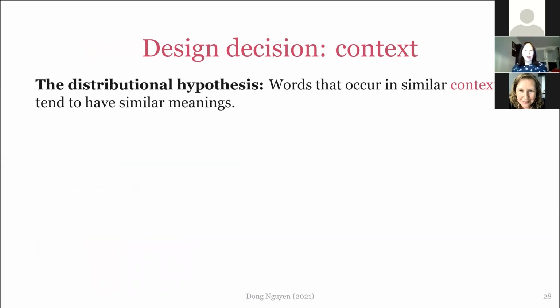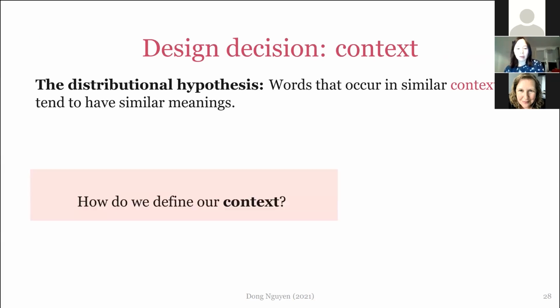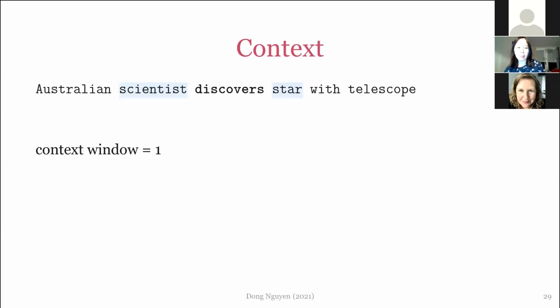One thing that I'd like to highlight, which I think is an important decision when you're training these word embeddings, is to think about what kind of context you want to use. The distributional hypothesis, again, is that words that occur in similar contexts tend to have similar meanings. The key question is, of course, how do we define a context? In many cases, we just take the neighboring words.